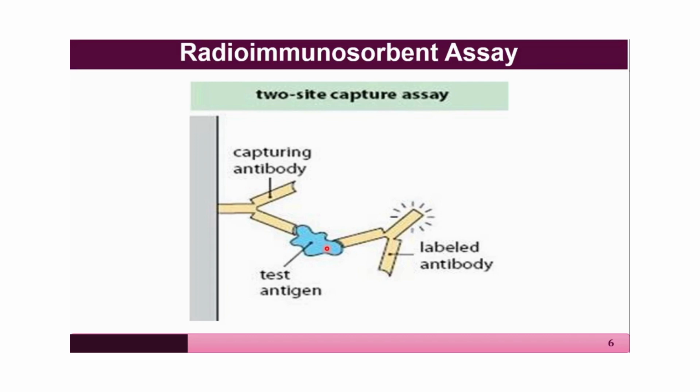So this test also can be used for detection of antigen in the patient's serum by immobilizing an antibody which is available for that particular antigen. That antibody is available in pure form and is immobilized on the inert surface using protein A, and the serum to be tested for a particular antigen should be added.